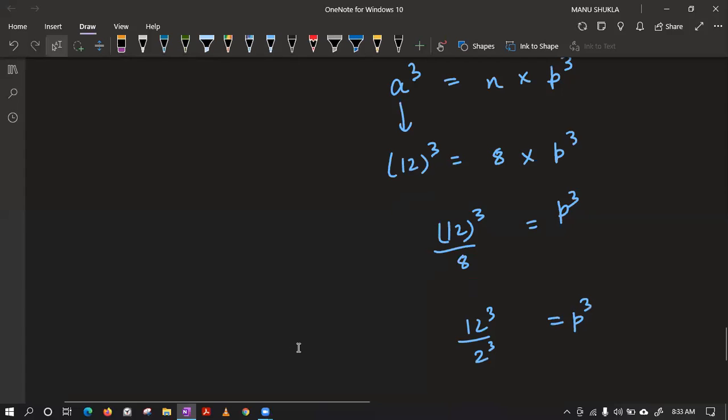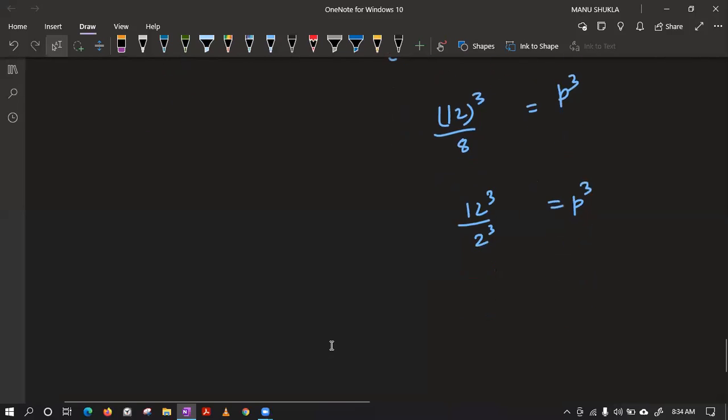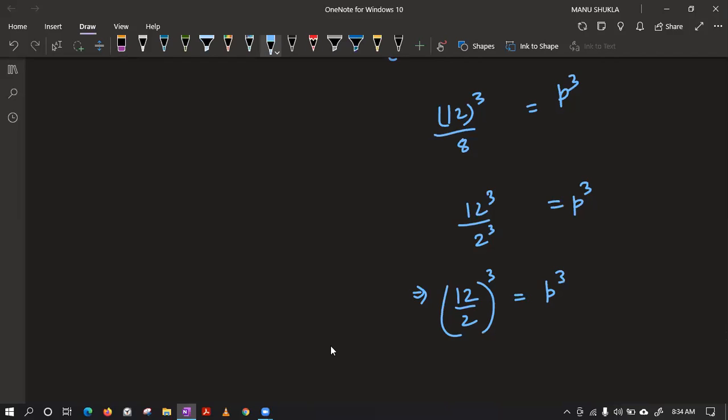We have studied in exponents and powers that a power m upon b power m is the same as a upon b whole power m. So we can write the power as whole because the powers are the same. So 12 upon 2 whole power 3 is equal to p cube.